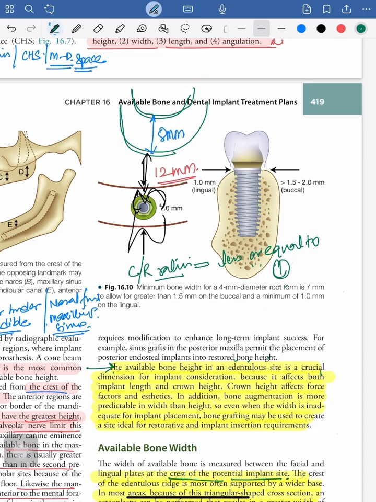Suppose we stick to the anatomical restriction: we have to stay 2 millimeter away from the anatomical landmark, so we would be placing a 6 millimeter length implant, and we will be restoring it with a 12 millimeter length crown. Imagine the crown root ratio, it would become 2, which is highly unfavorable.